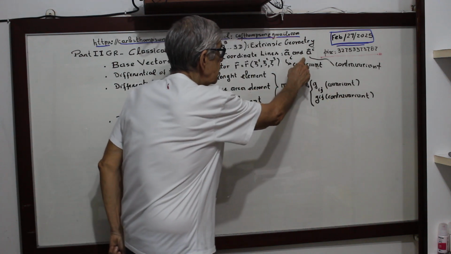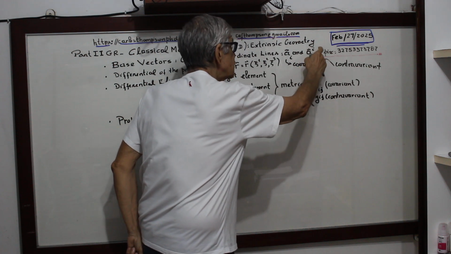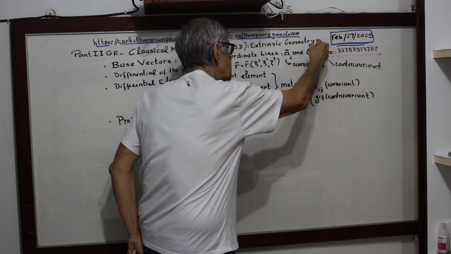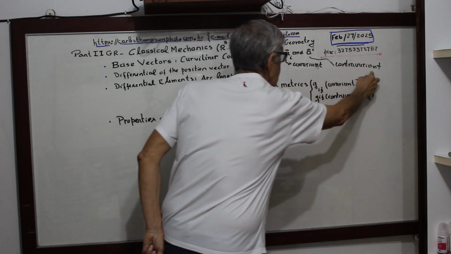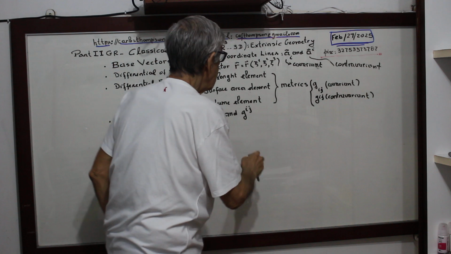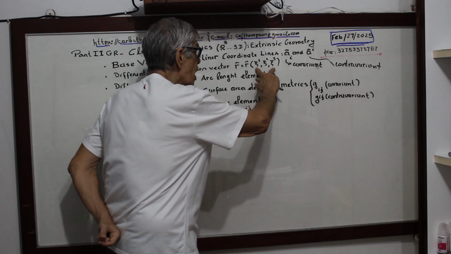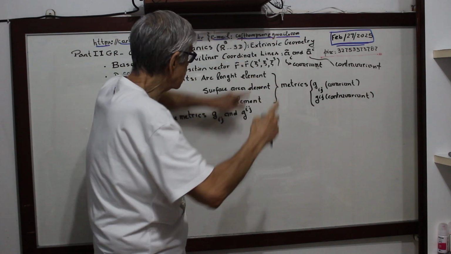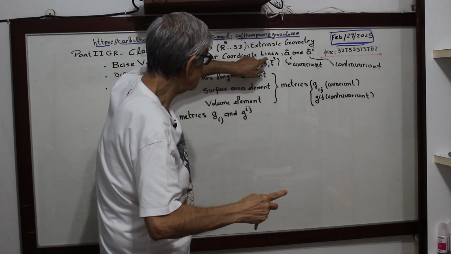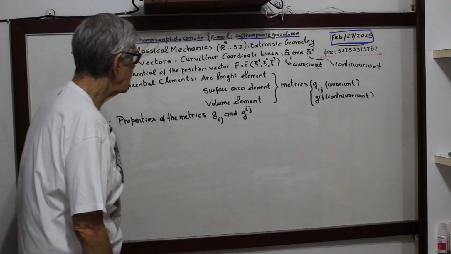For the base vector Ai, you see i is the upper index. This is contravariant. This is the lower index. These coordinates are contravariant, because the indices are in the upper position.